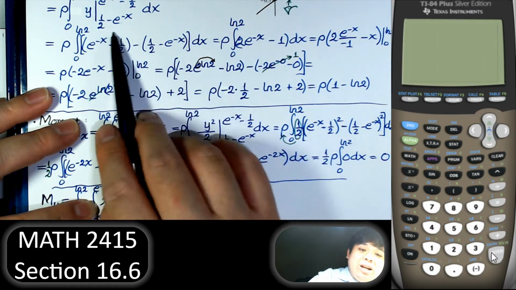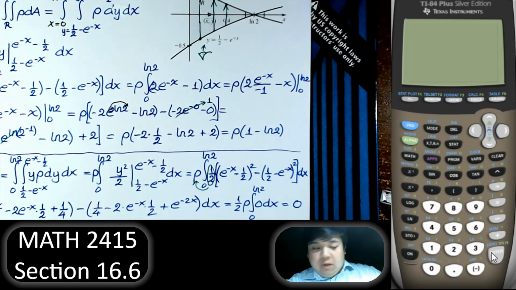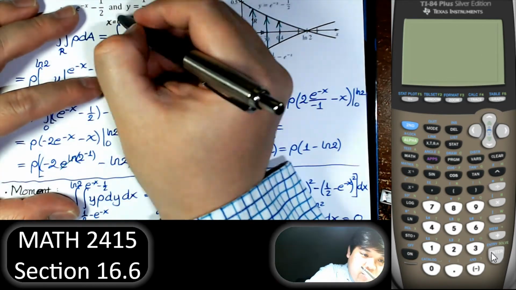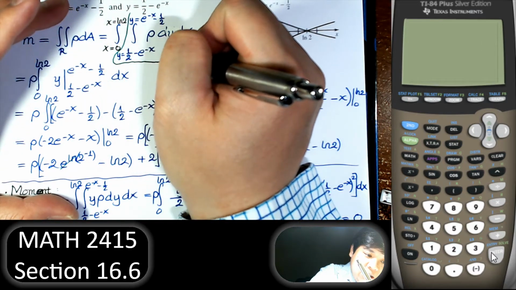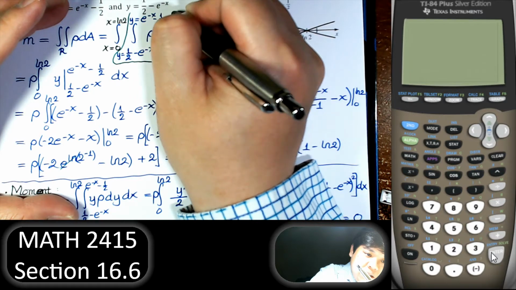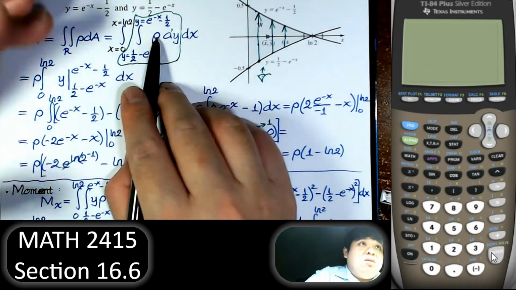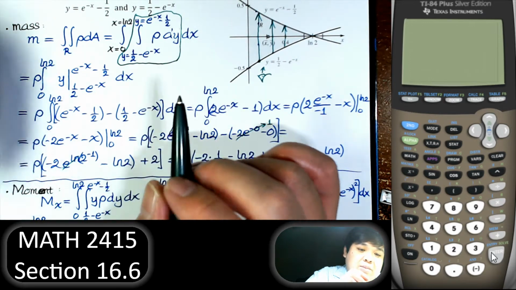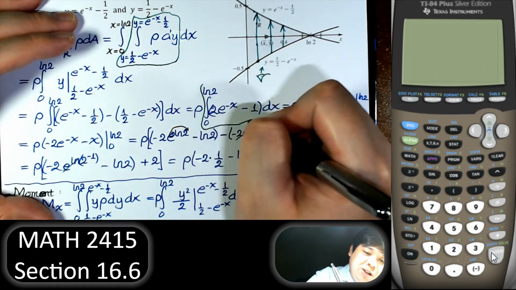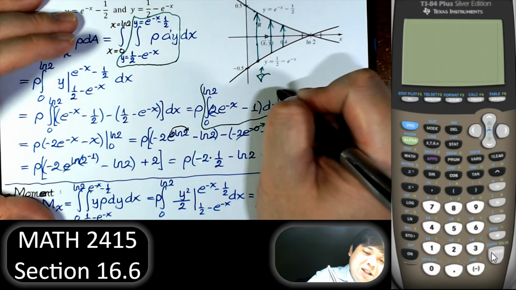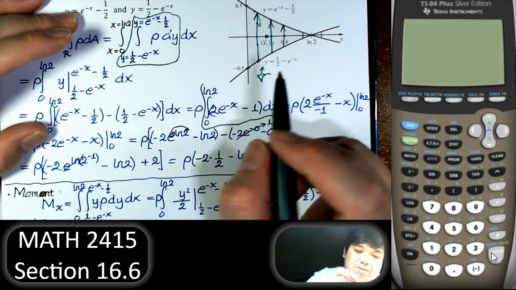So if we integrate inside, think about this. Now focus on the integral inside. Rho is a constant. Take it outside. That doesn't matter. But when we integrate that, it will equal this. Sorry, I circled the wrong one.